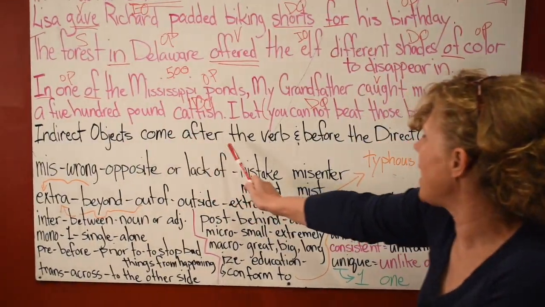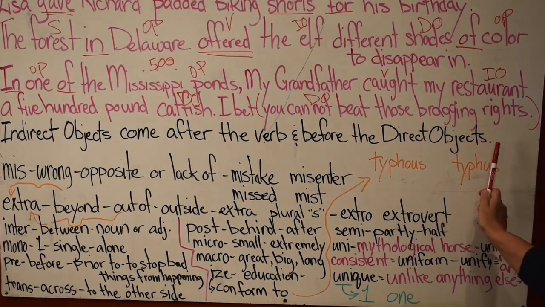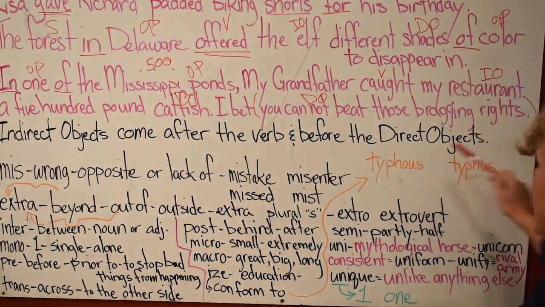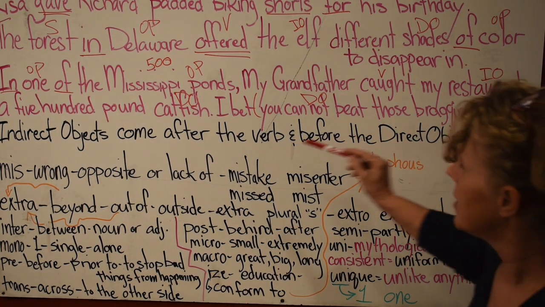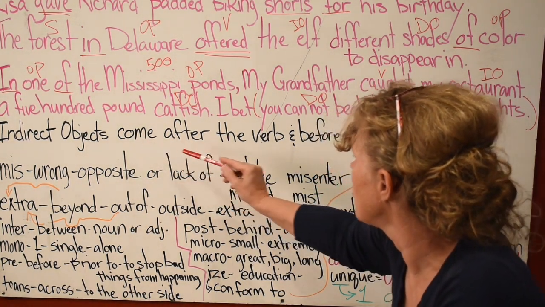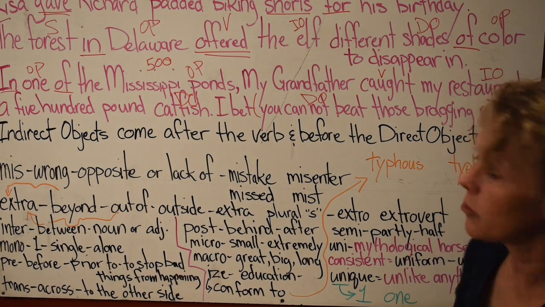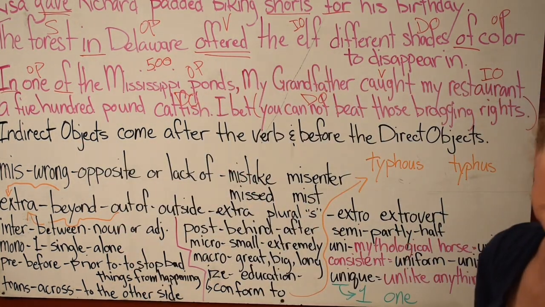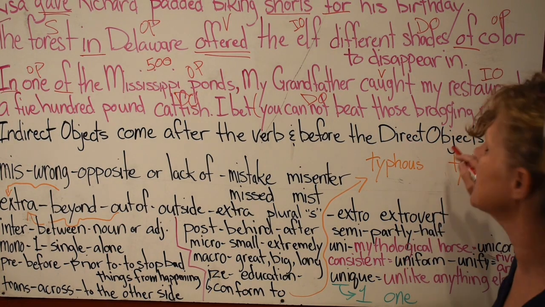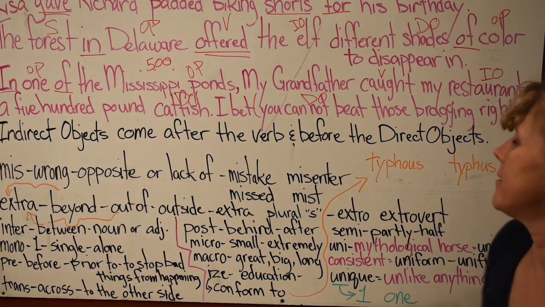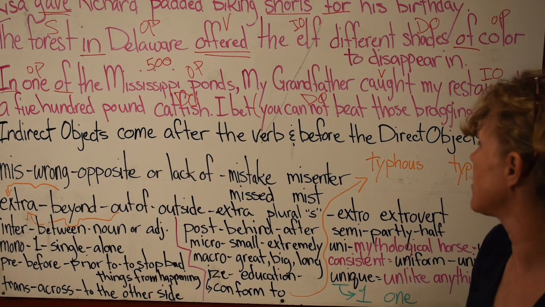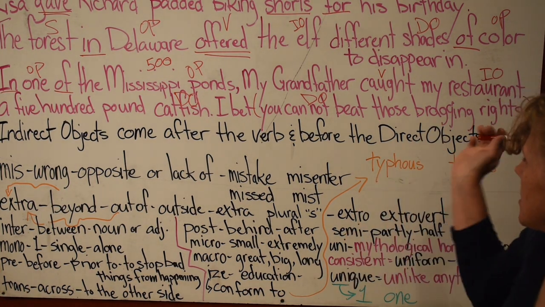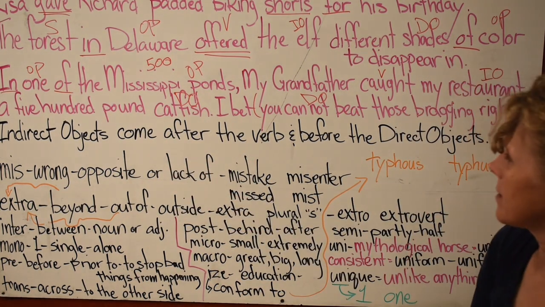Okay, so now we're going to talk about this again. Indirect objects come after the verb and before the direct objects. Now, if you look at this sentence right here, we have object positions in here. What are they? I went ahead and capitalized them. You probably shouldn't in your sentence, but I wanted them to stand out and for you to really see. But what are your object positions in this sentence right here?